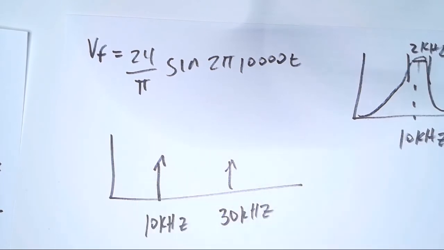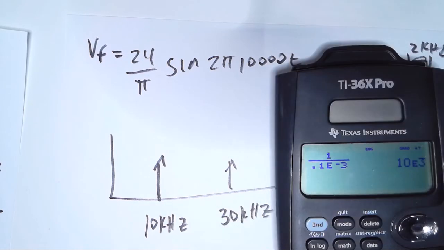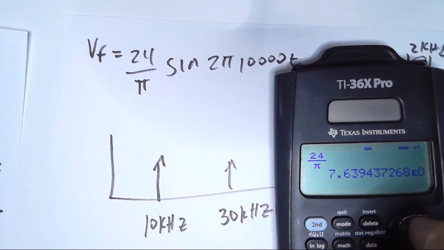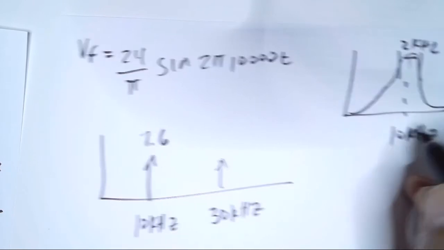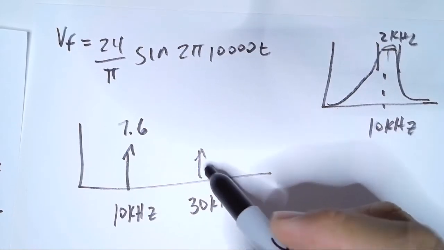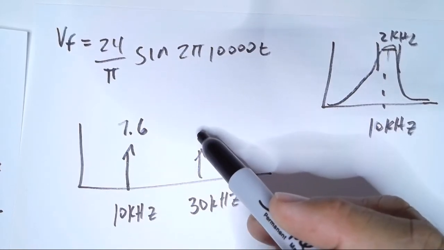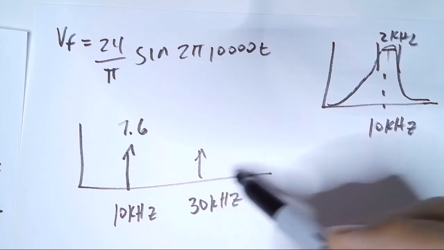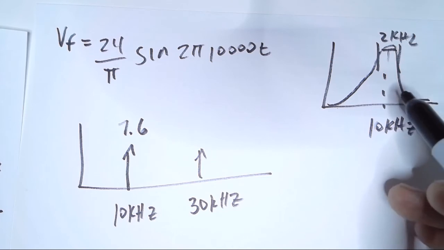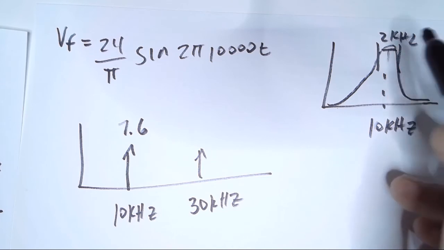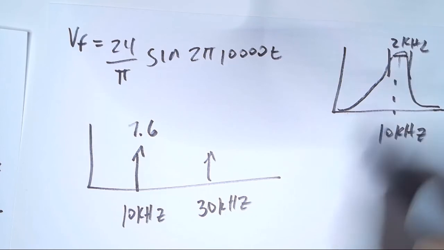The fundamental has a magnitude of 24 over pi, which is 7.6. I won't bother about the magnitude of the third, fifth or other harmonics, because the bandpass filter has a bandwidth of 2 kilohertz and is centered at 10 kilohertz.